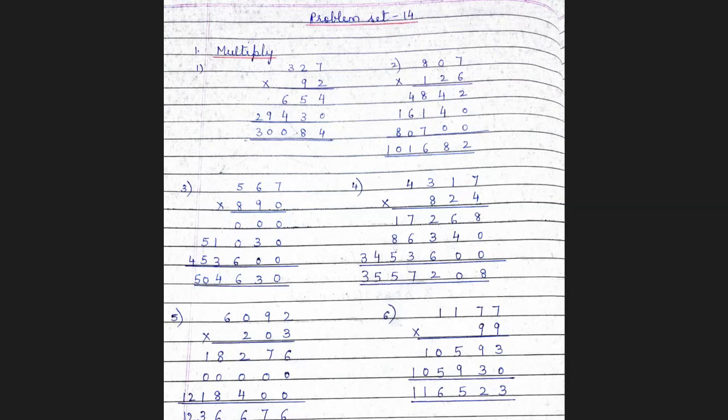Go to the next number 1. 1 into 7, 7. 1 into 0, 0. 1 into 8, 8. Now these empty spaces, I've put zeros in that place. Add up all the numbers. 2 plus 0 plus 0 is 2. 4 plus 4 plus 0, 8. 8 plus 1, 9. 9 plus 7, 16. 6 carry over 1. 6 plus 4, 10 plus 1, 11. 1 carry over 1. 8 plus 1 plus 1, 10. 0 carry over 1.